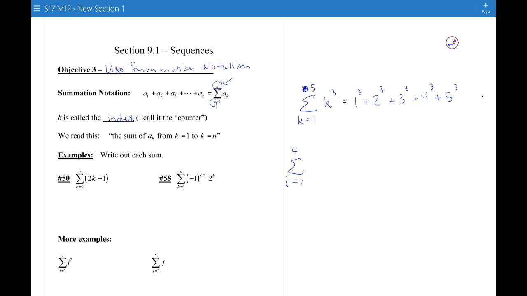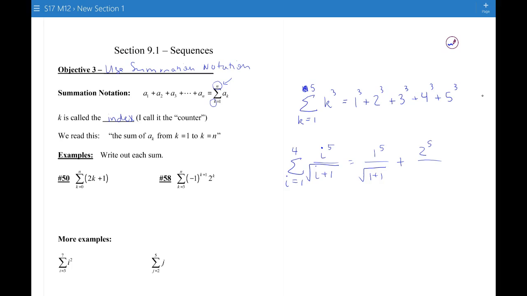If I let i go from 1 to 4, and I have i to the 5th over the square root of i plus 1. Okay, so the first term says let i be 1. So I have 1 to the 5th over 1 plus 1 in the square root. Then the summation notation says now add the next one. So then I let i equal 2.